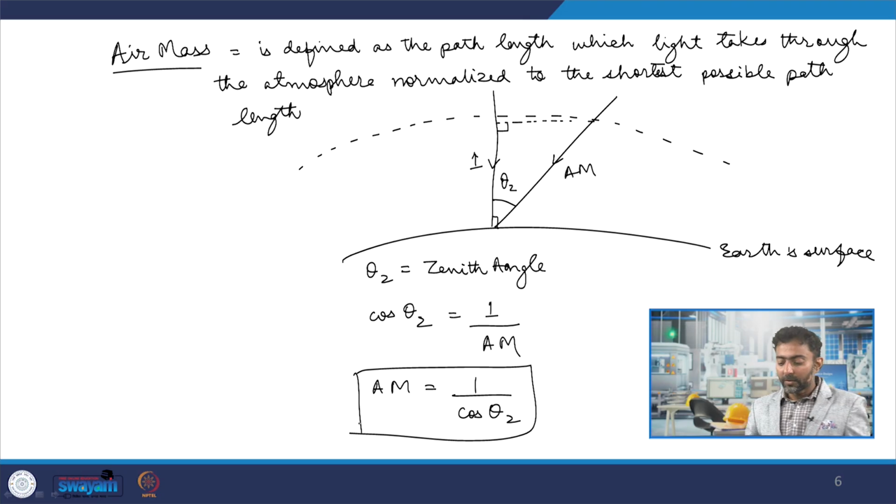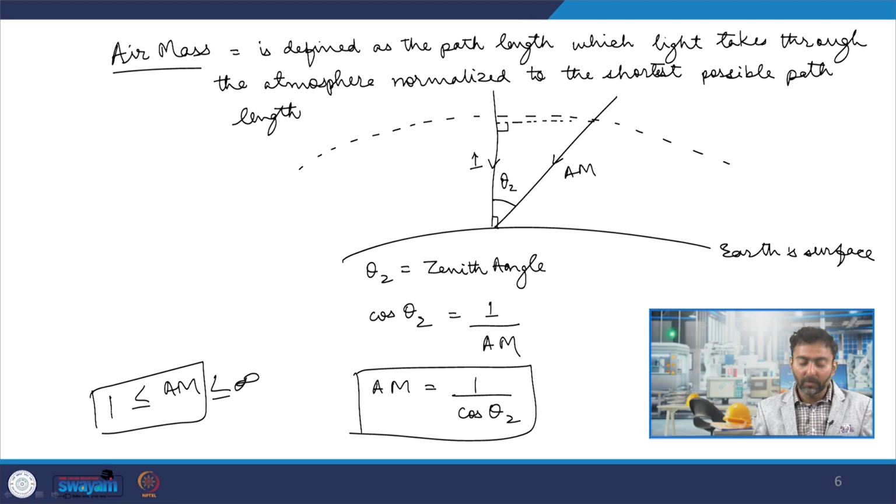So, as you can see, because we know that any cosine value will always be between 0 to 1, maximum value is 1, minimum is 0. So, as per this, what we understand that air mass can be at least 1 and can go up to infinity. So, air mass will always be greater than equal to 1.